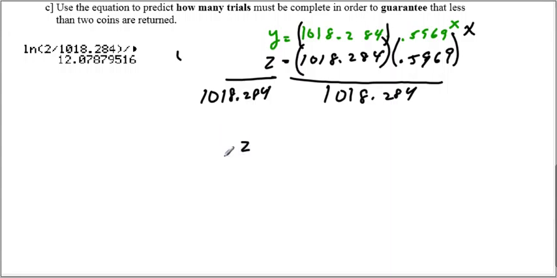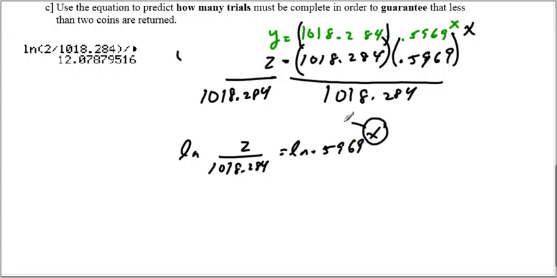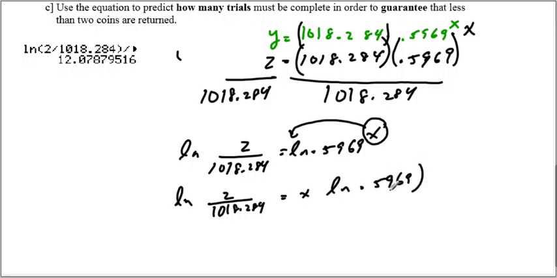Okay, so we end up with 2 divided by 1018.284 equals 0.5969 to the x. Now we're going to natural log each side, and by doing that, this x, according to our power rule, is going to come in front. So we're left with ln of 2 divided by 1018.284 equals x ln of 0.5969.